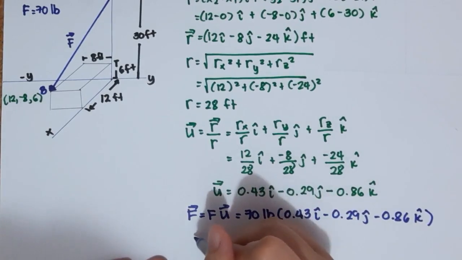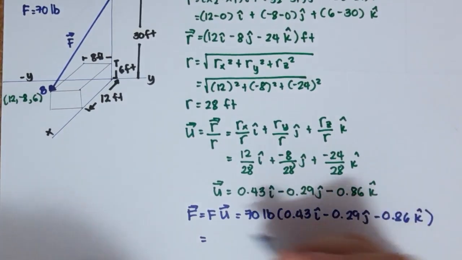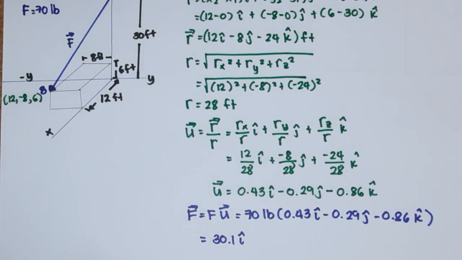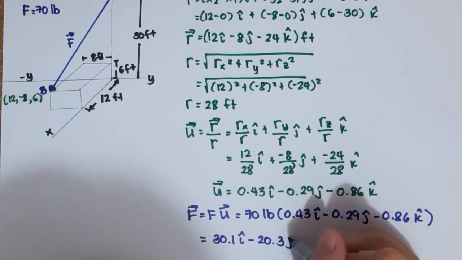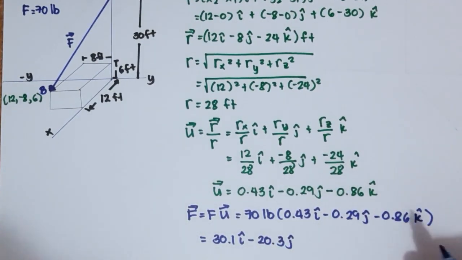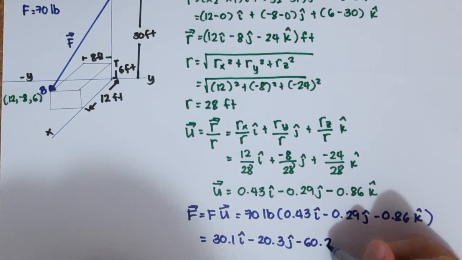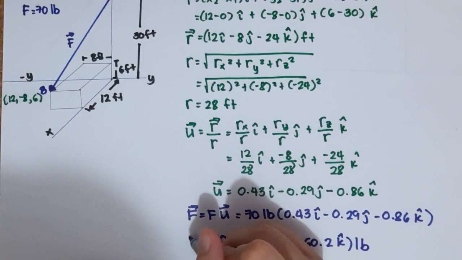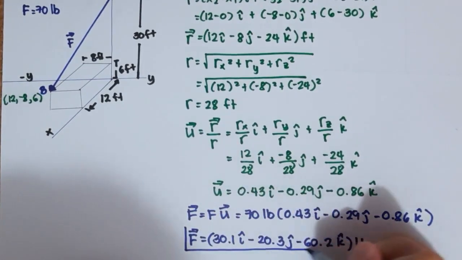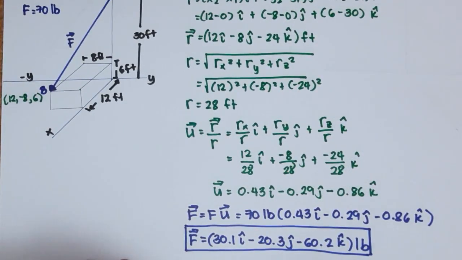So our force now is 70 times 0.43, so that is 30.1 i hat. 70 times negative 0.29, so that is negative 20.3 j hat. Then 70 times negative 0.86, and that is negative 60.2 k hat. And the unit of this is pounds. This is now the Cartesian vector of our force.